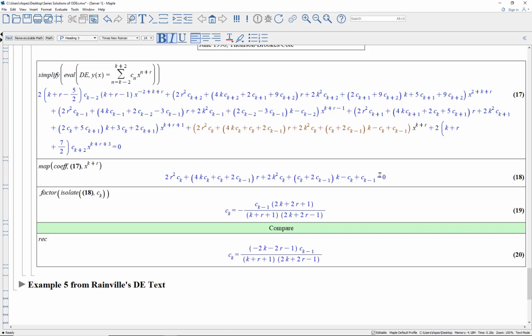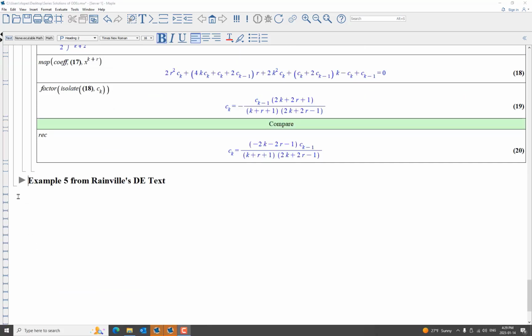If you solve this for ck by using isolate, I get the ck on the left. This is the recursion that we wanted, did all those manipulations for, to get. There you have it. Okay? These two agree.